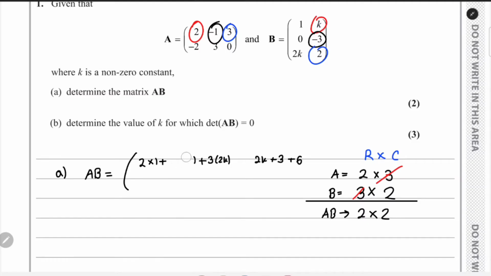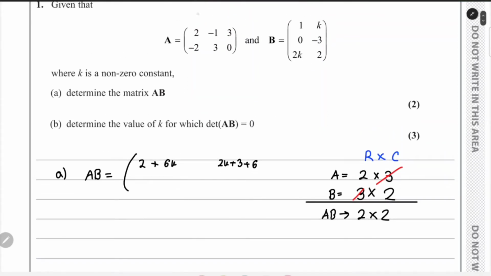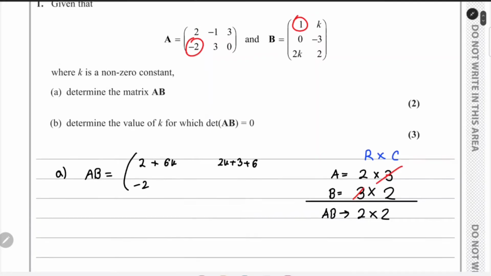I can find this one out over here as well. This will be 2 times 1, 2 plus 6k. And the next one is 2k plus 3 plus 6, or 2k plus 9. Now we go down here. This will be minus 2 times 1, so minus 2, 3 times 0, so 0 over here. I'll not write it down, and then 0 multiplied by 2k, so only minus 2 over here.